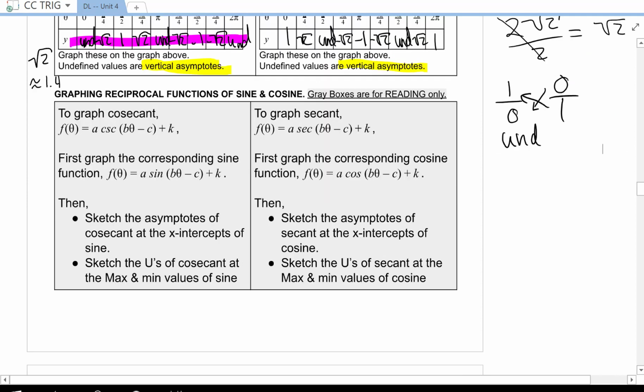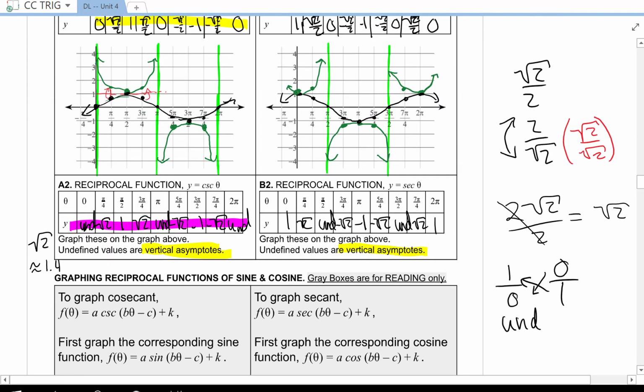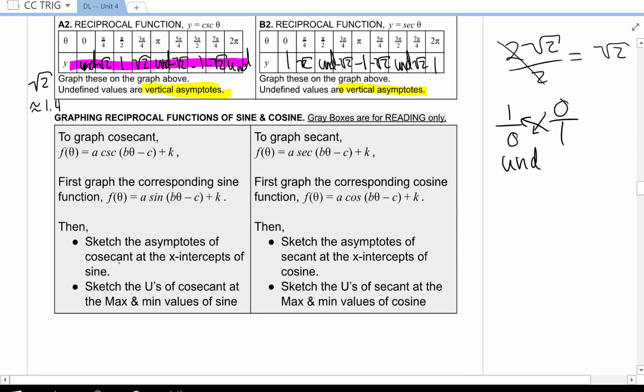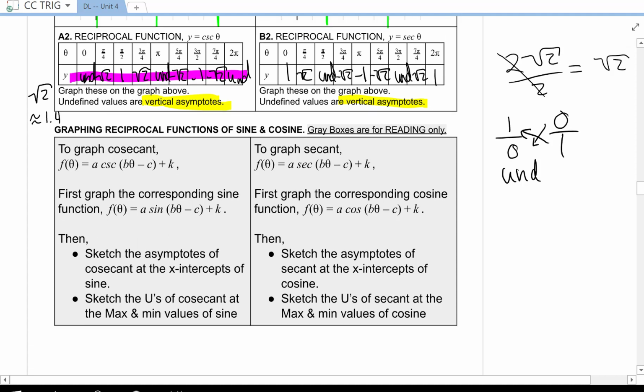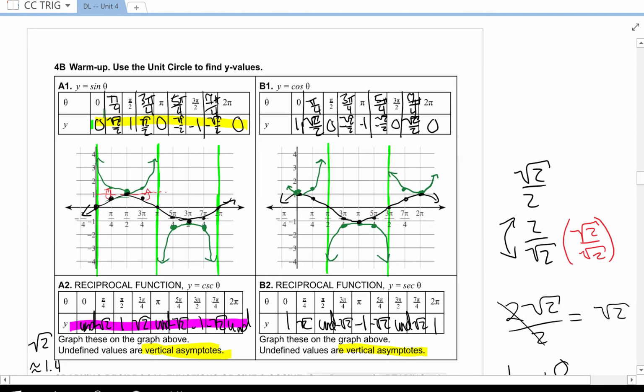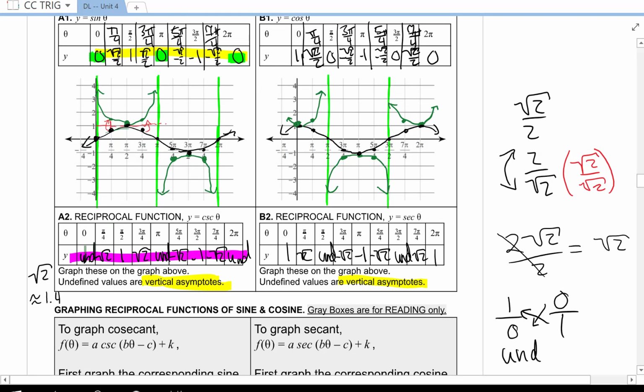To graph cosecant, you just graph the corresponding sine function, like we did up here. Then you'll sketch the asymptotes of cosecant at the x-intercepts of sine. So anytime that sine gave us a value of 0, that was where cosecant gave us an undefined.